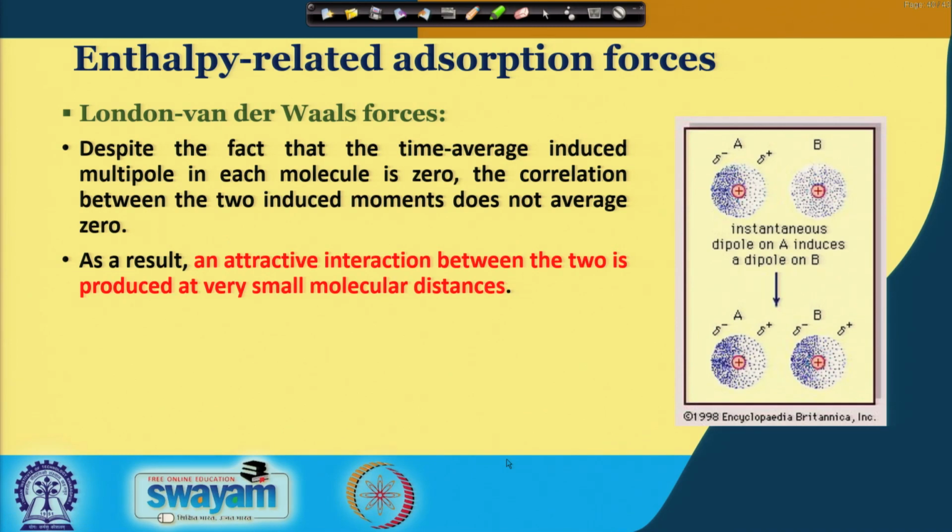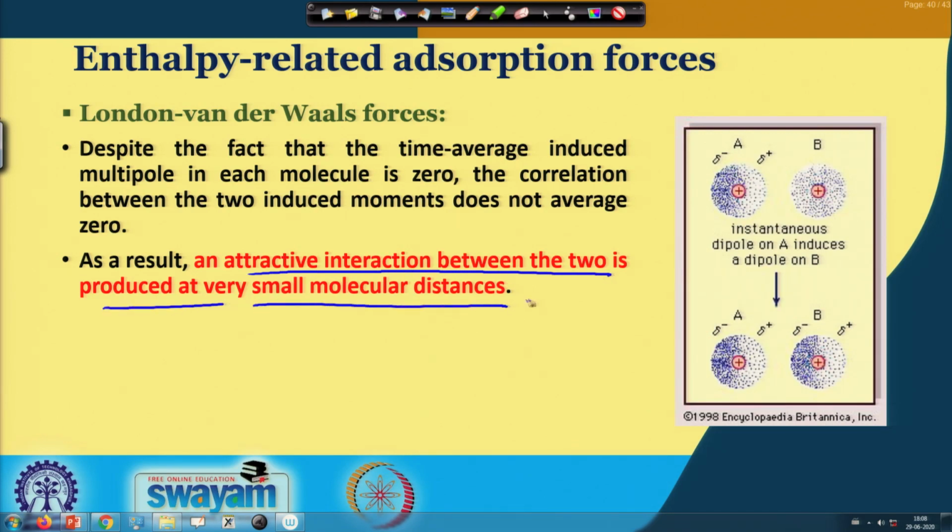So, despite the fact that the time average induced multipole in each of the molecules is 0, the correlation between the two induced moments does not average 0. So, as a result of this induced dipole, an attractive interaction between the two is produced at very small molecular distance. Now, remember that this is very important.